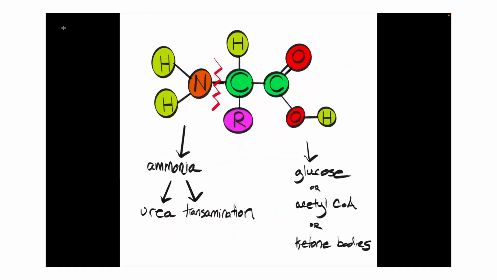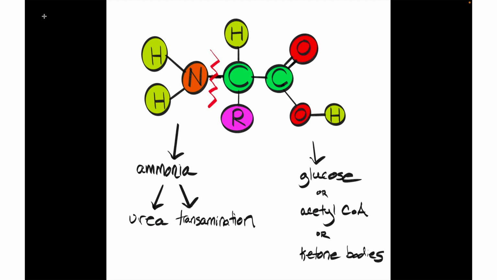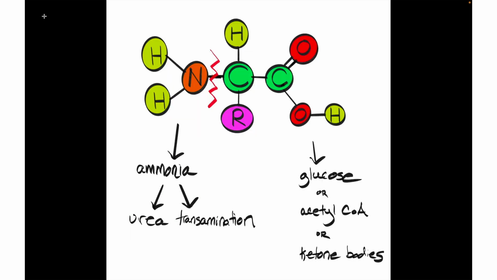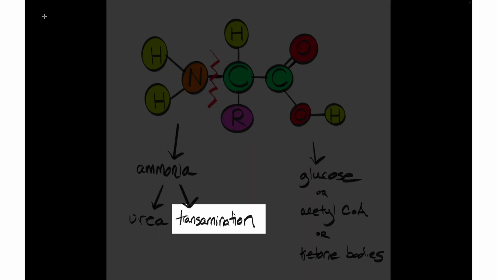And here, the amino group will be converted into ammonia. Ammonia is toxic to the body. And then that ammonia will be converted to urea or sometimes uric acid and will be eliminated from the body via urine. Or that ammonia can be converted to another amino acid via the process of transamination.